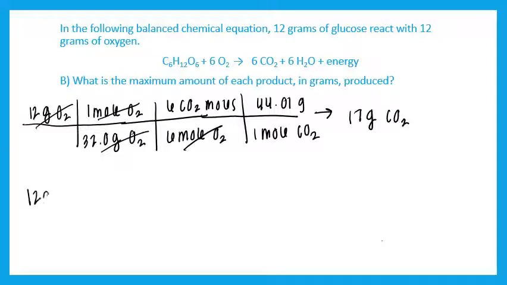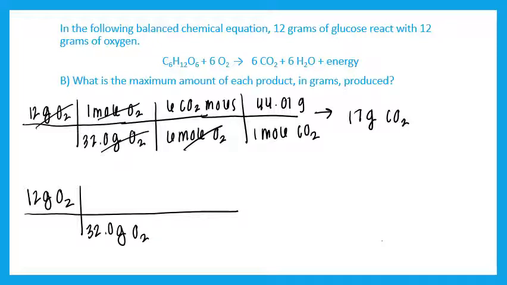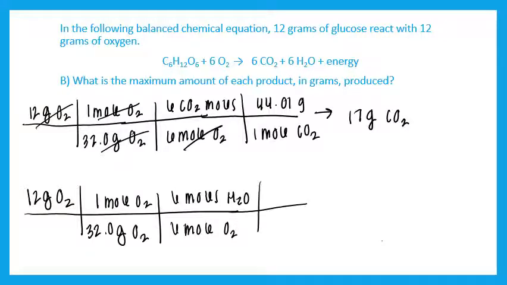Then starting again with our limiting, I'm going to do the same thing, but in terms of water. And again, if you wanted to keep the answer from the last slide and you're really comfortable with stoichiometry and ratios and stuff like that, you are able to do that and it will make your work a little bit shorter.